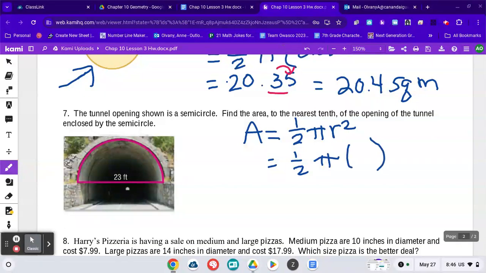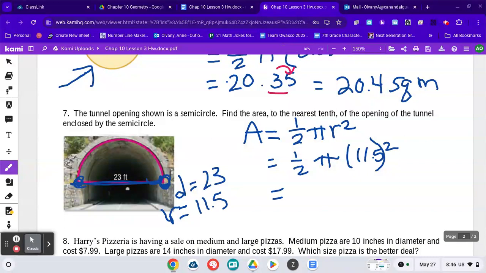The kicker here is that this piece right here is not the radius. That goes from one side of the circle to the other. Therefore, that's the diameter. So what do we have to do to get the radius when we know the diameter? We have to divide it by 2. So that's going to be 11.5 squared.